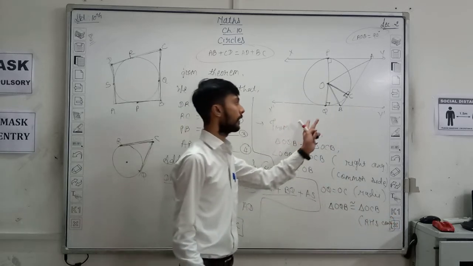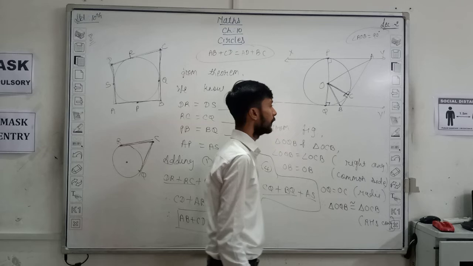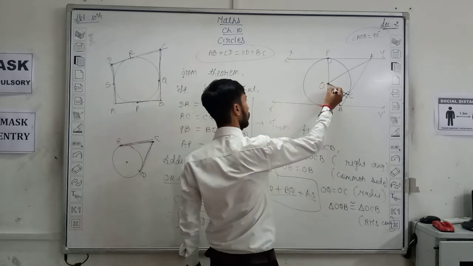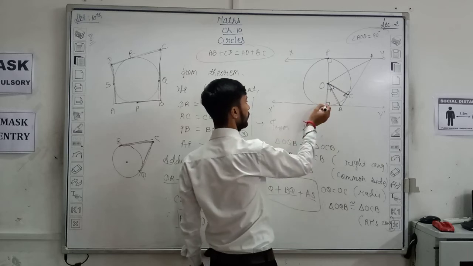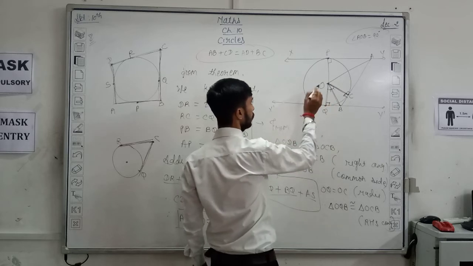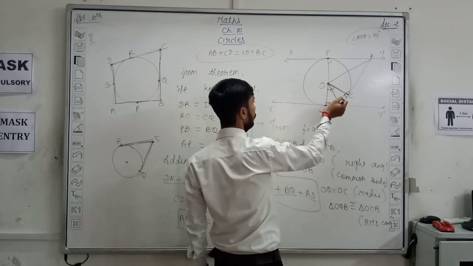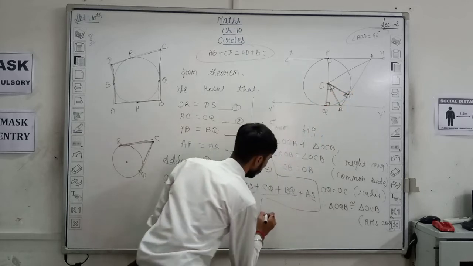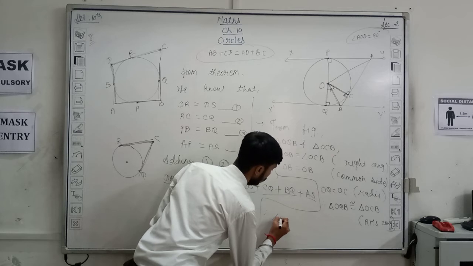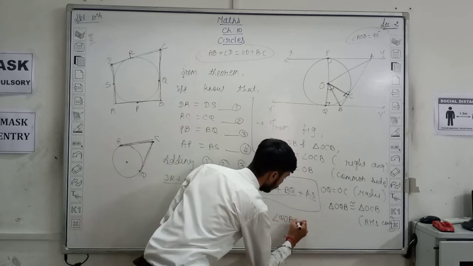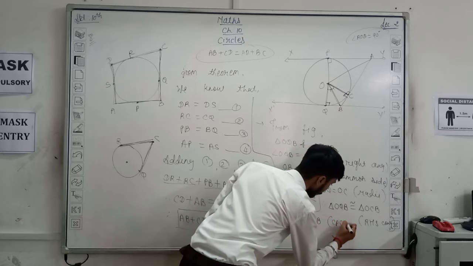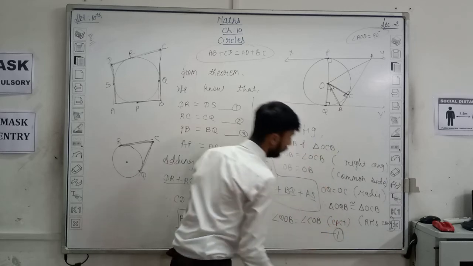So if these two triangles are congruent, that means what? So we can say that this angle equals to this angle, right? That means angle QOB equals to angle COB, by CPCT, and give it number 1.